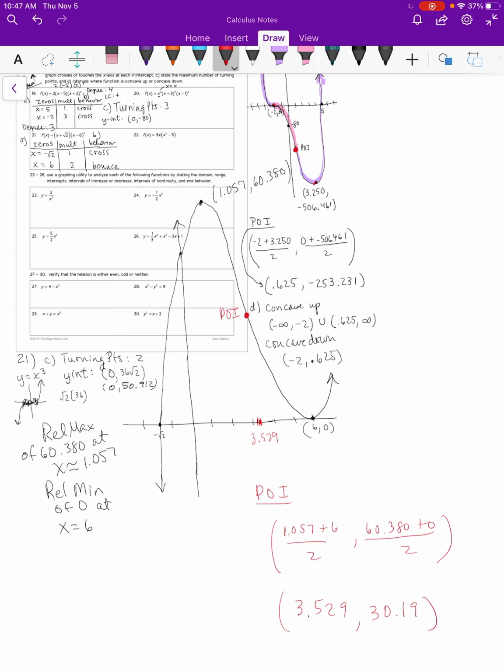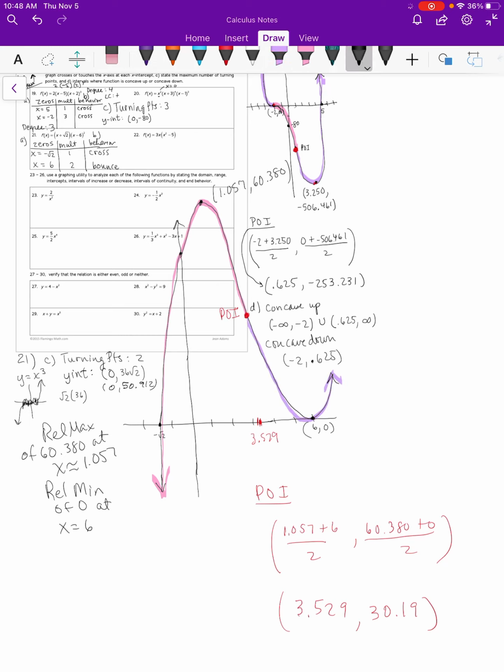So my graph's not too bad, but that tells me that we have concave down for all of that. That's all concave down. And then concave up here.